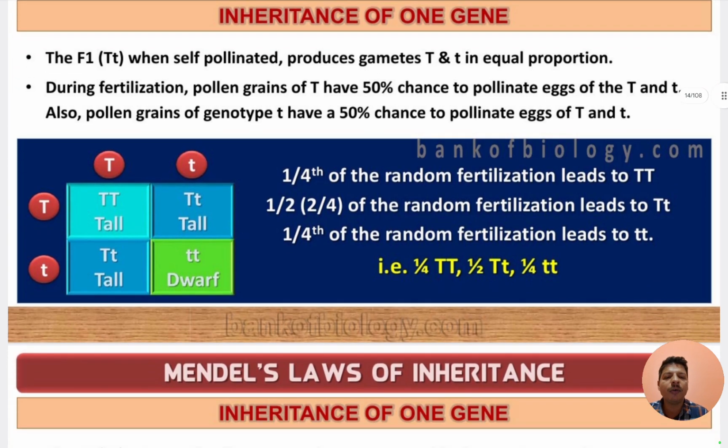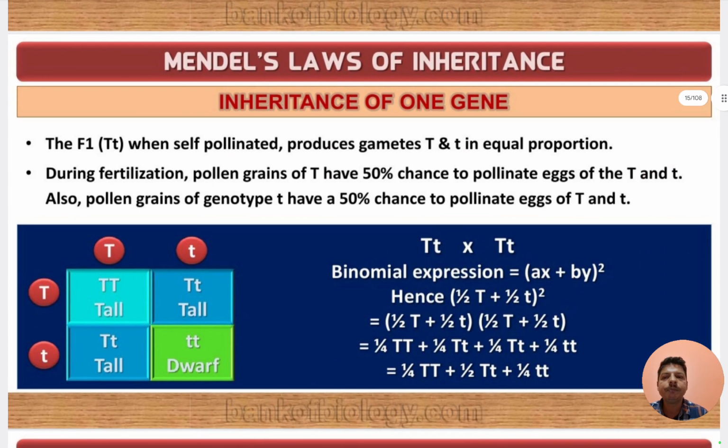And the ratio will be 1:2:1. Here again, by using the binomial expression (ax + by) whole square, you get this result.